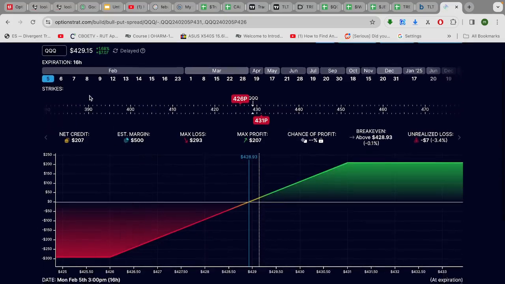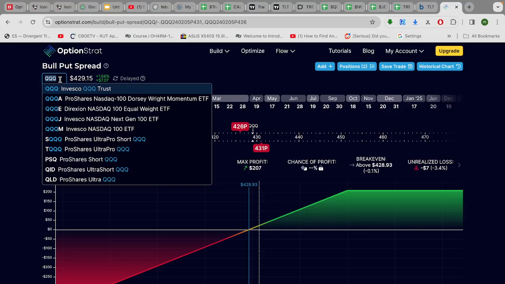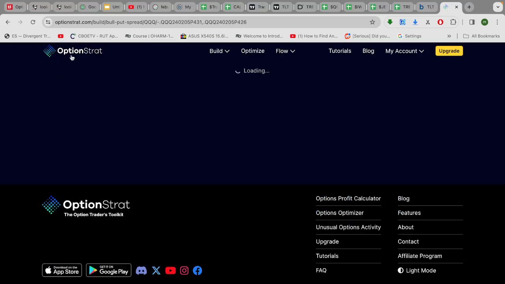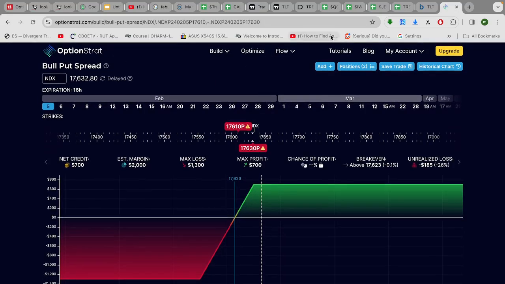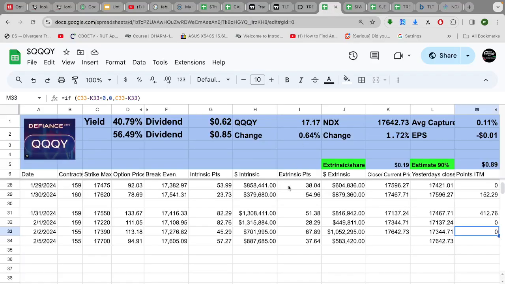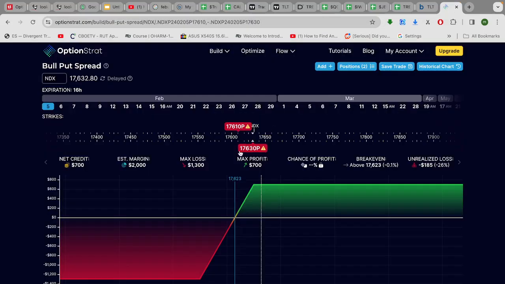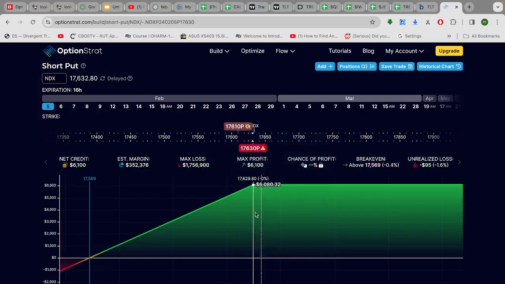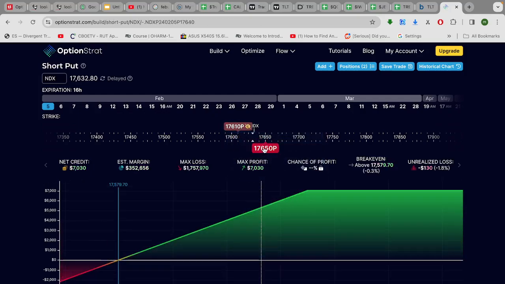Let's put it on NDX. Let's put this trade on just like they have it on. Let's go to the spreadsheet. So for tomorrow, they sold 155, 17,700's at 94.91. We're going to exclude this one because they don't use the protection.